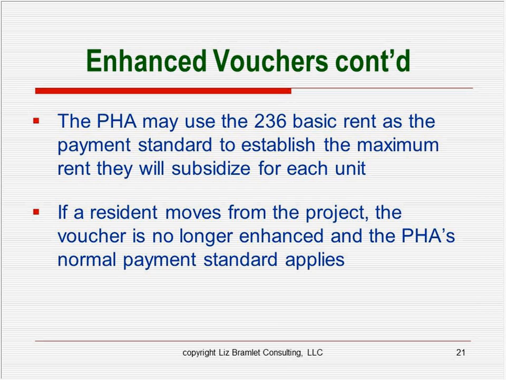Now, if the tenant moves from the project, it's no longer an enhanced voucher. It becomes a regular housing choice voucher, which is still terrific. They've got hold of a rental voucher, which is no easy thing to do these days, but because it becomes a regular rental voucher, the payment standard drops to what it normally is for their area for the unit size they qualify for.